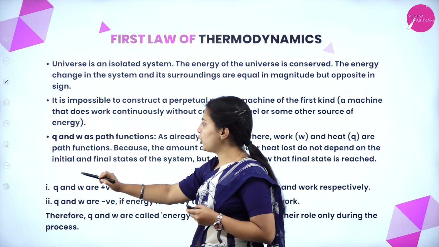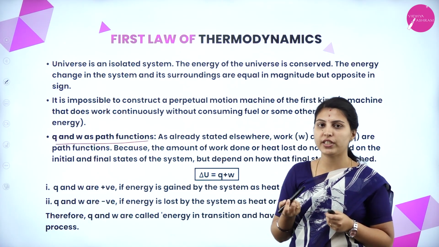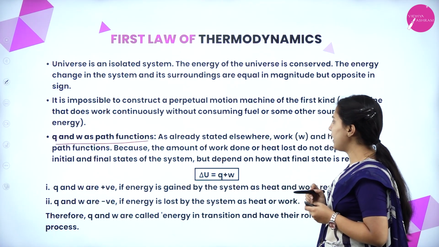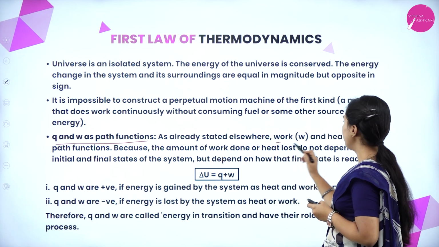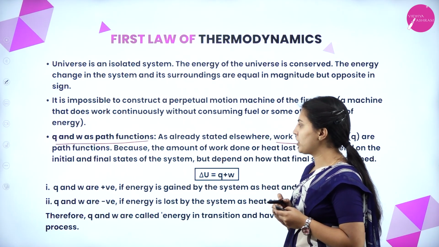Next, Q and W as path functions. How do Q and W work as path functions? As already stated elsewhere, work and heat, that is Q and W respectively, are path functions. We know what a path function is and what a state function is. Path function means it depends on the path by which the process has taken place.